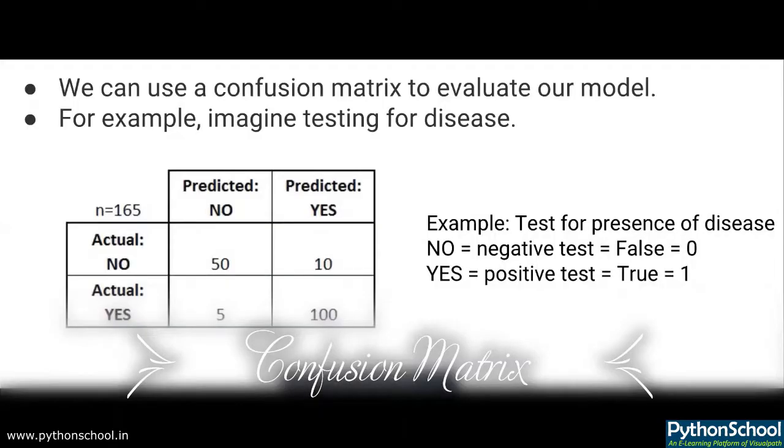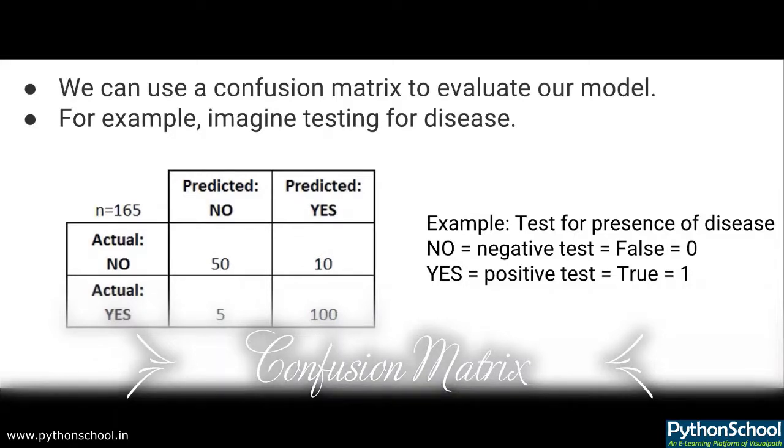Here, the true values are already known. So let's try to understand through this example. We have a binary classification example here. So in this example, we are trying to predict the presence of a disease.